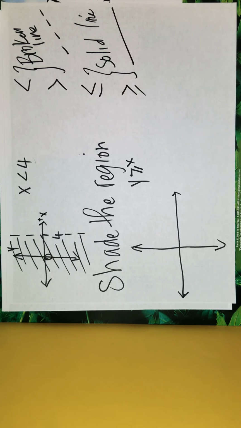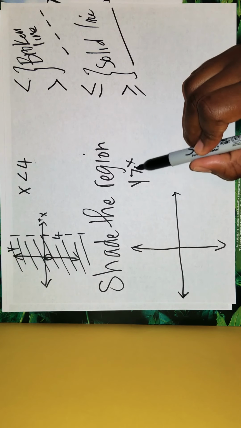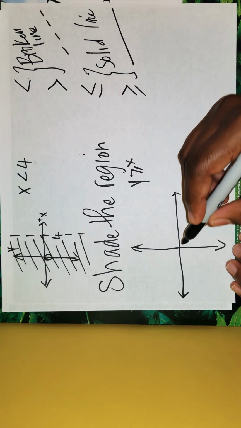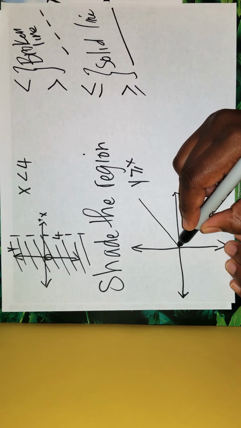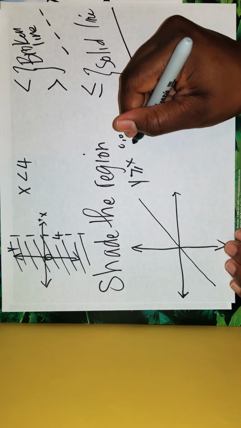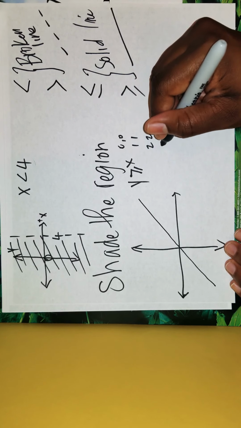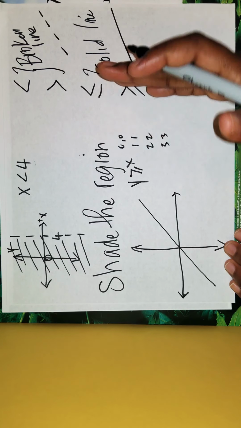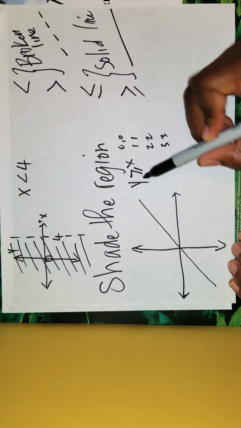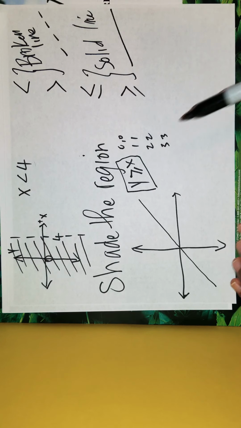All right, as I was saying to you, when you're solving, you can always pretend that this is an equal sign. For example, if you're drawing a graph, we know y equals x is the line that goes like this. That means when x is 0, y is 0, x is 1, y is 1, x is 2, y is 2, x is 3, y is 3. The list goes on, so y is equal to x. But in this case, it says y is greater than or equal to x.